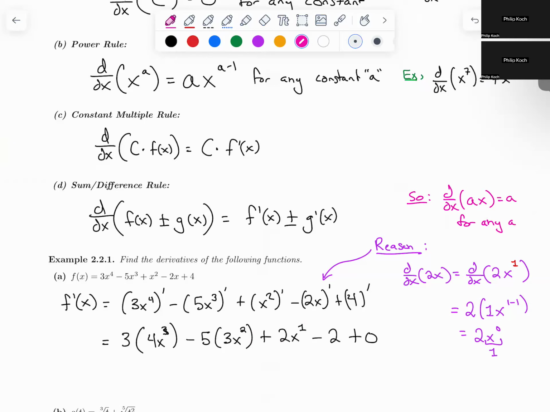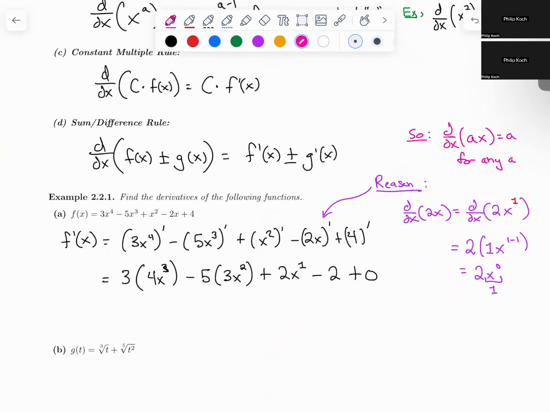That's an additional rule if you want to memorize it, but you can also just realize that it's the power rule in action. There's going to be another P rule, the product rule, later on.